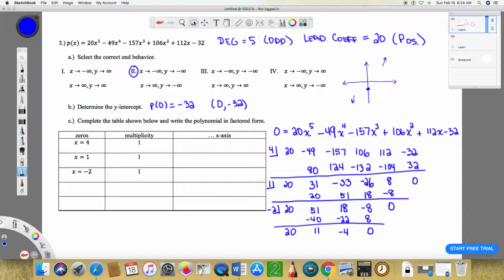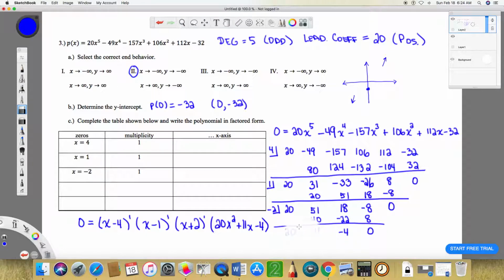So what does that give us then? Well, let's write it over here. We've factored it enough to know that it's (x - 4) to the first, (x - 1) to the first, (x + 2) to the first, and then this 20x squared plus 11x minus 4.